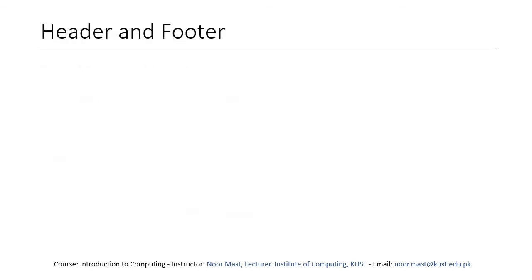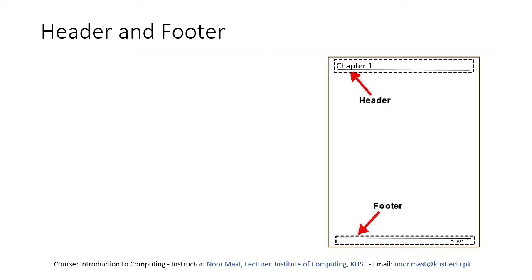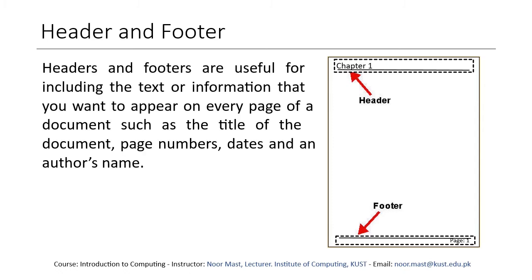Header and footer. The header and footer sections appear in the top and bottom margin of the document respectively. Header and footer are useful for including the text and information that you want to appear on every page of a document, such as the title of the document, page number, dates, and author name.